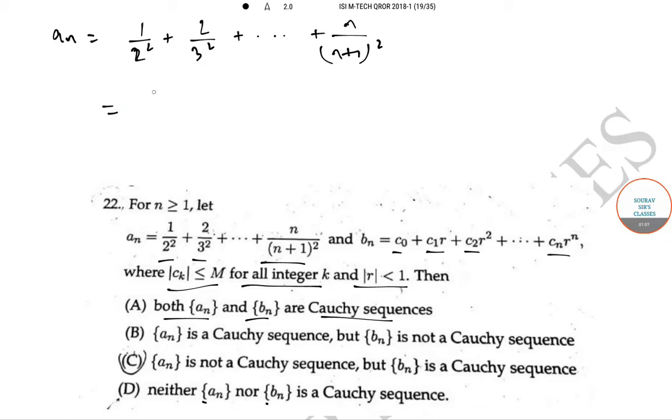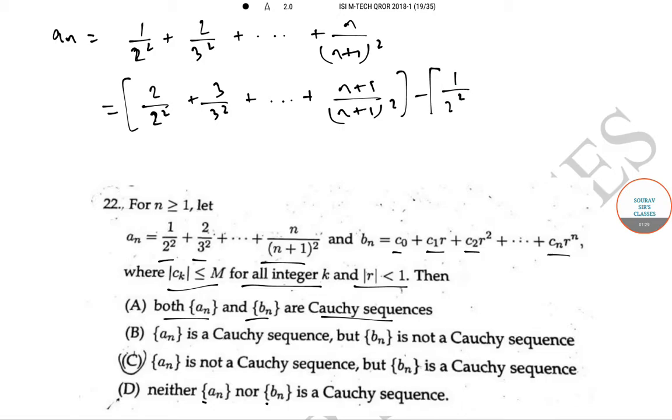Now this can be written as 2 by 2 squared plus 3 by 3 squared plus up to (n plus 1) by (n plus 1) squared, minus 1 by 2 squared plus 1 by 3 squared up to 1 by (n plus 1) squared.